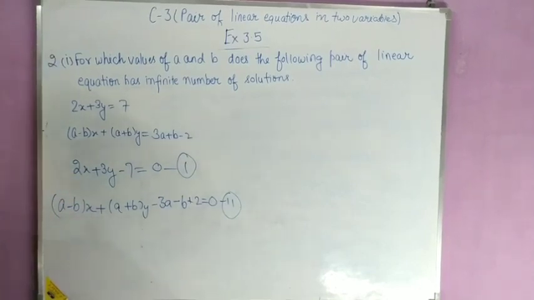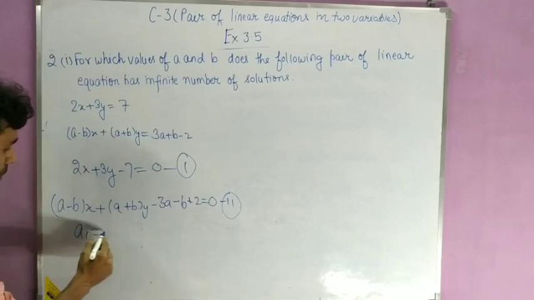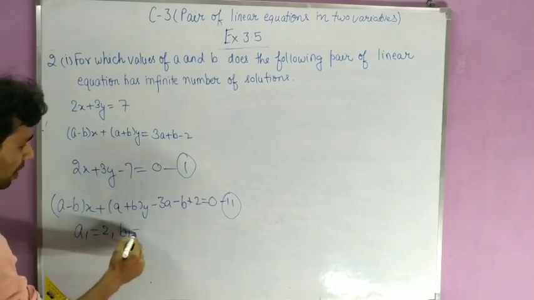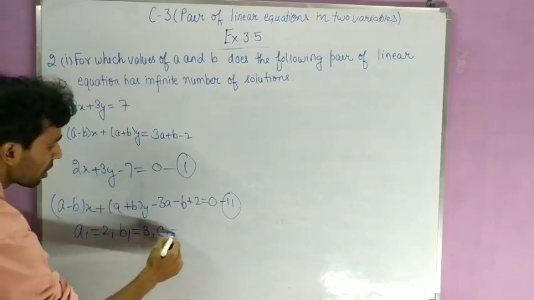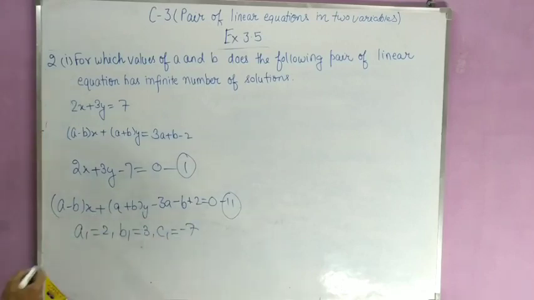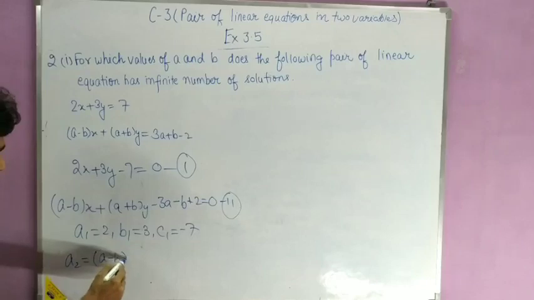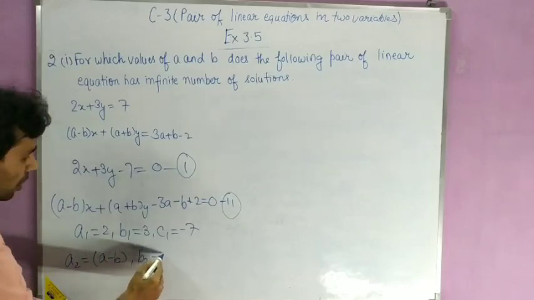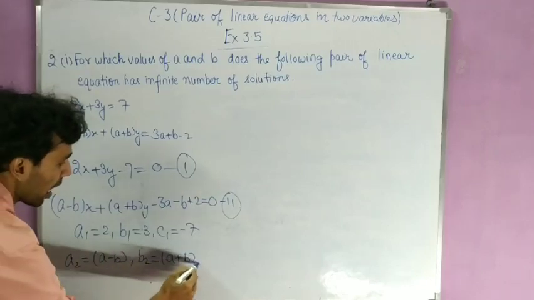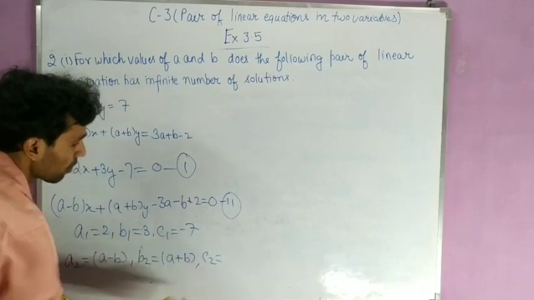So when you compare these two equations with the general form, the value of a1 will come 2, the value of b1 will come 3, the value of c1 will come minus 7. Similarly, the value of a2 will come a minus b, the value of b2 will come a plus b, and the value of c2 will come c.